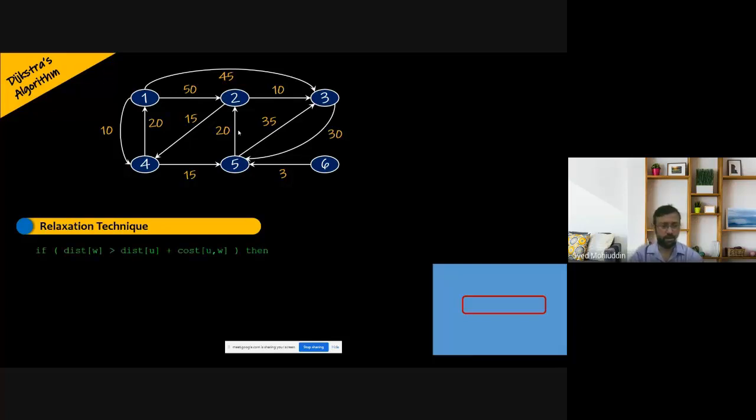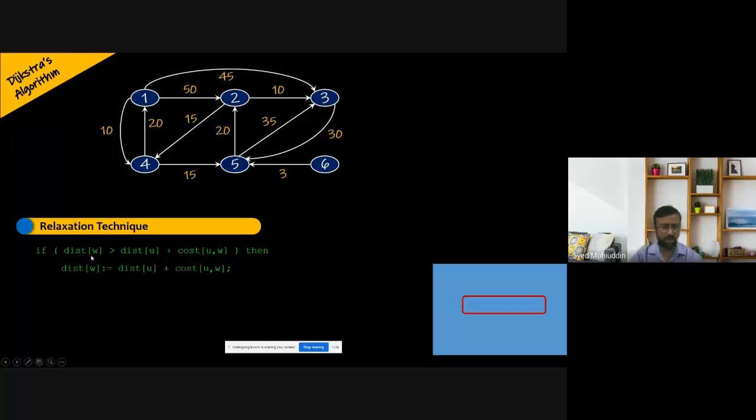There is a condition we need to solve. The condition of the relaxation technique is: if the distance of any vertex W is greater than the distance of vertex U plus the cost of U to W, then update the distance using that cost.